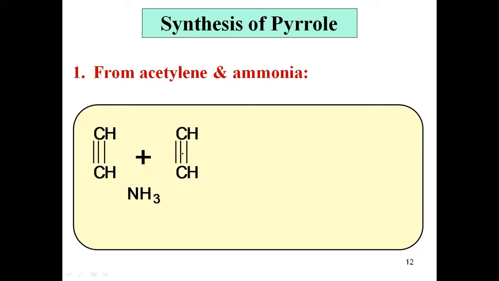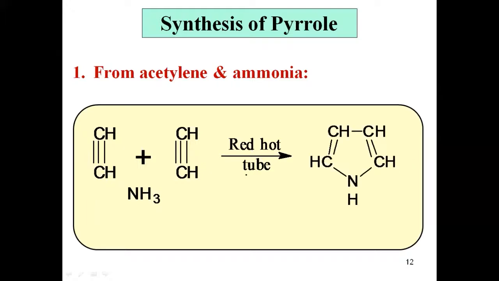Now that mixture of acetylene and ammonia is passed through a red hot tube. Now what happens here, the two molecules of acetylene and ammonia undergo condensation, and we get the cyclic compound having two double bonds, one nitrogen atom, and this is nothing but the pyrrole. Two molecules of acetylene and one ammonia molecule undergo condensation.